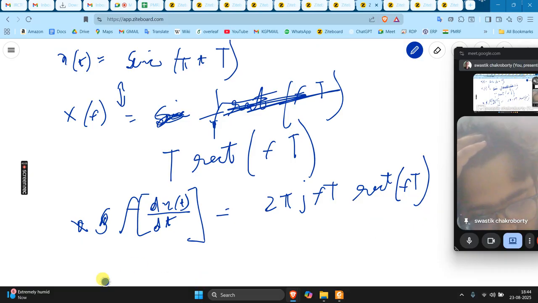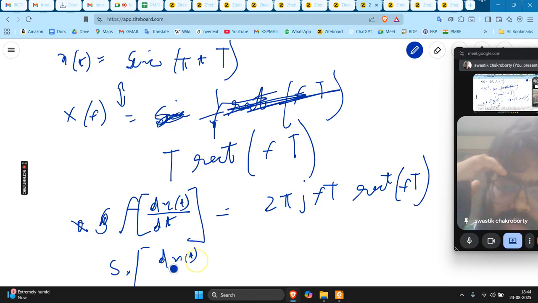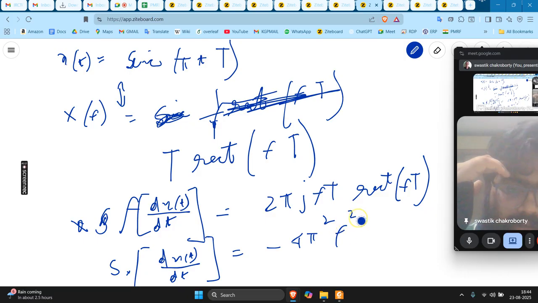Now you square this to get the power spectral density of the derivative. So to get the power spectral density of the derivative, square this, which gives you minus 4 pi square f square t square rectangular square f t.